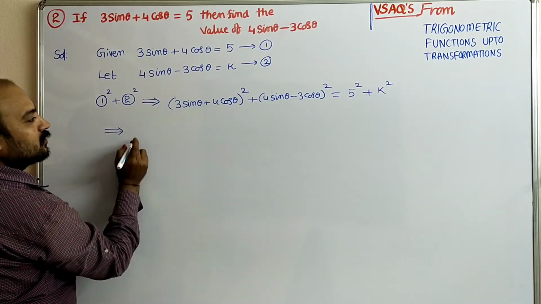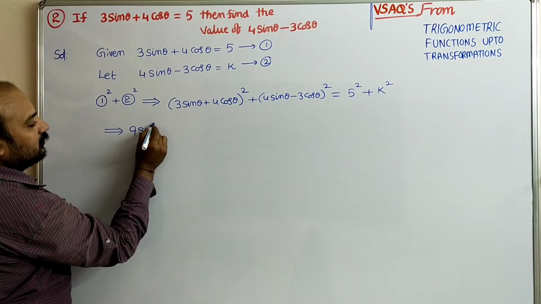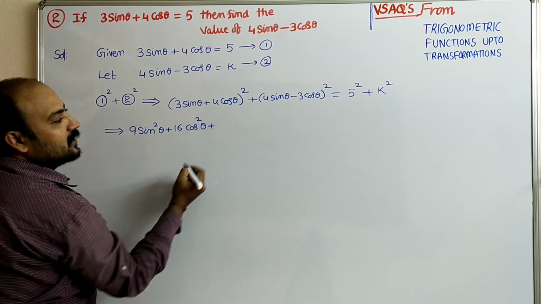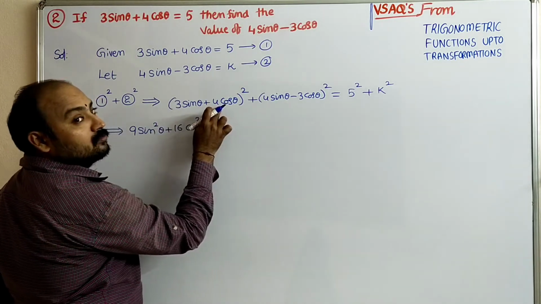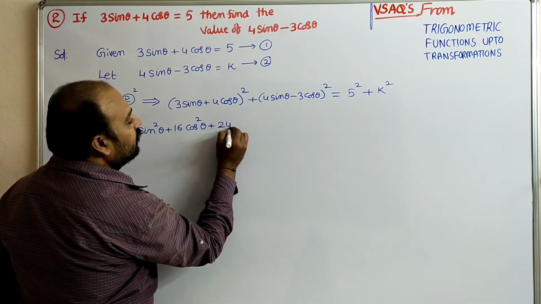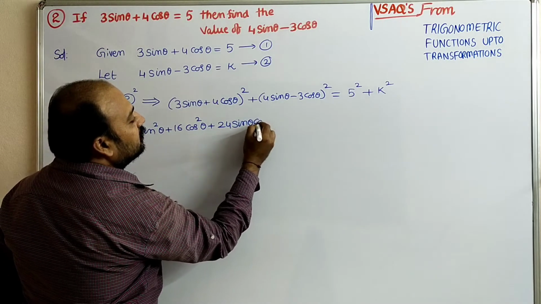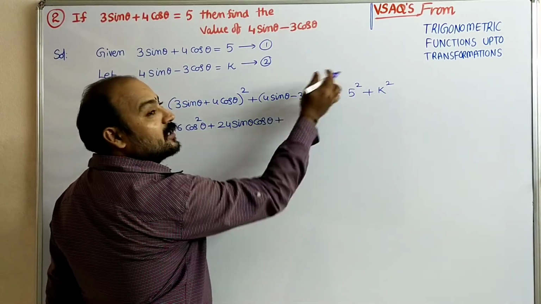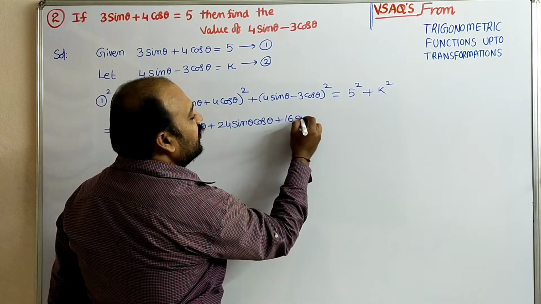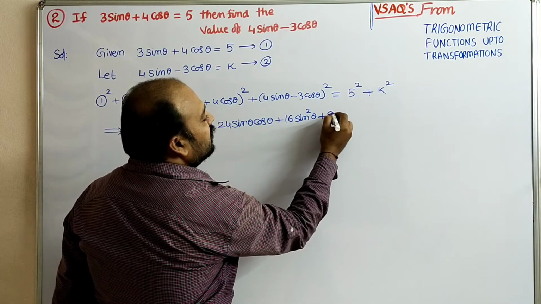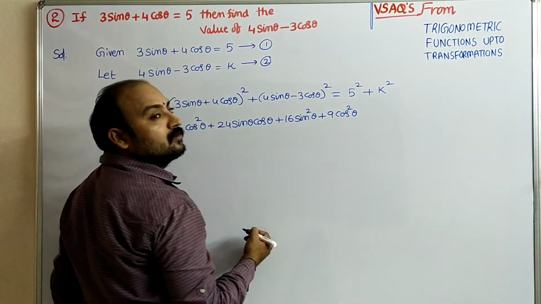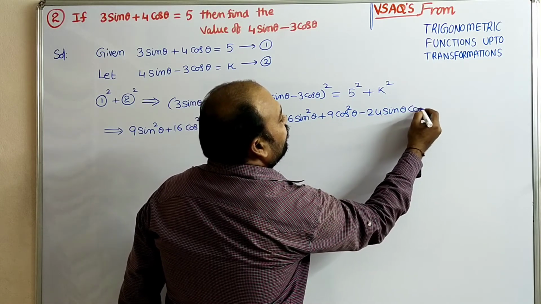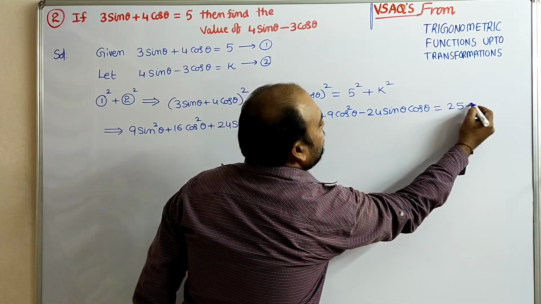First you have to do the expansion of this one. 9 sin square theta plus 16 cos square theta plus 2 into 3 into 4, 6 into 4 is 24 sin theta cos theta, plus again the a minus b whole square expansion, 16 sin square theta plus 9 cos square theta minus 24 sin theta cos theta, equal to 25 plus k square.